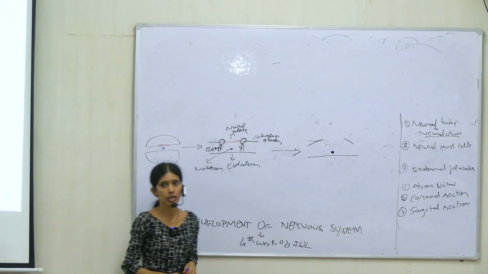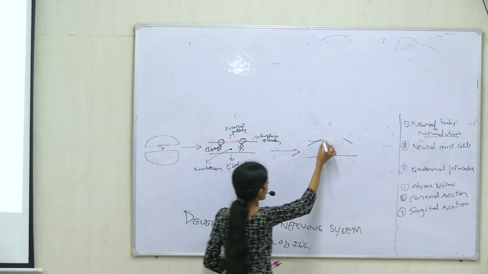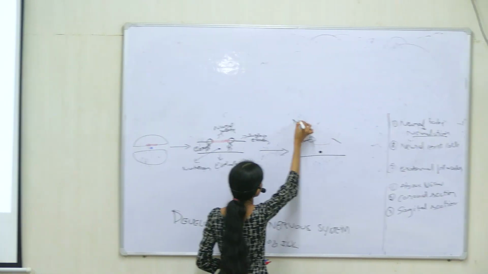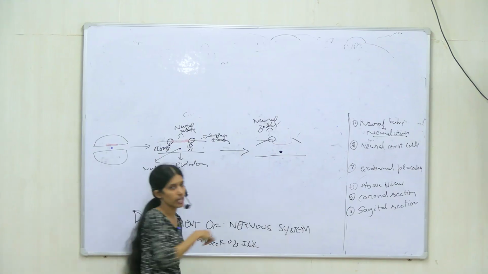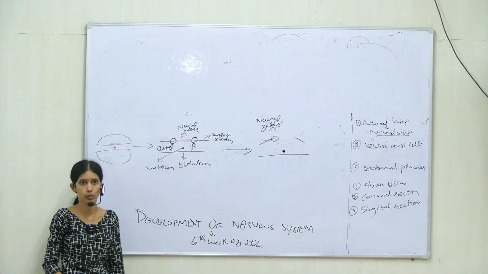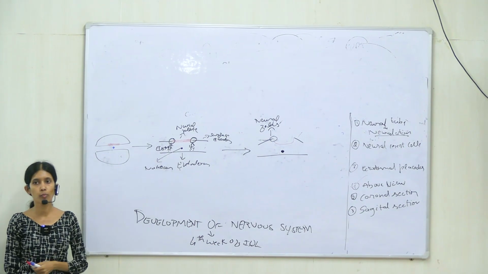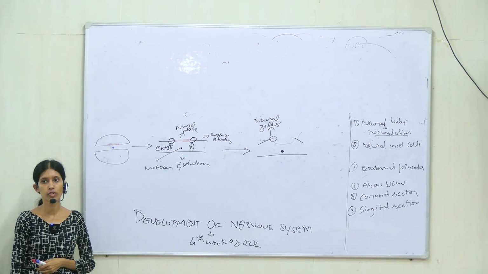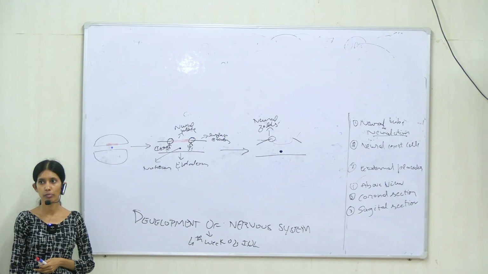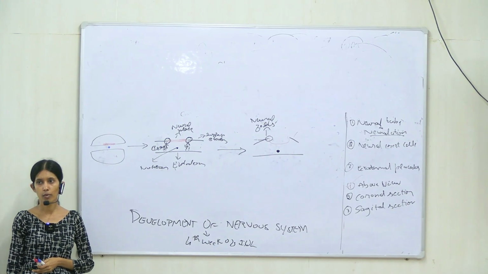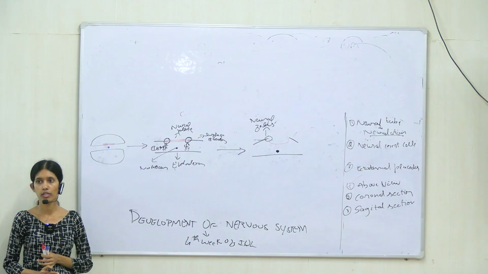Now these foldings are named neural folds, on both the sides. What are all the components of neural folds? It is already discussed in your general anatomy part of the nervous system.